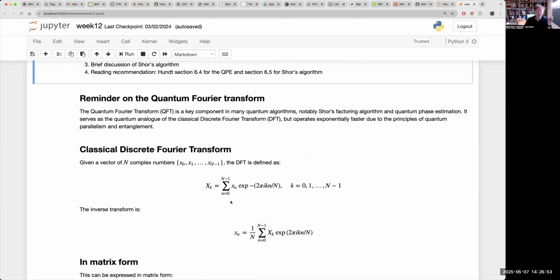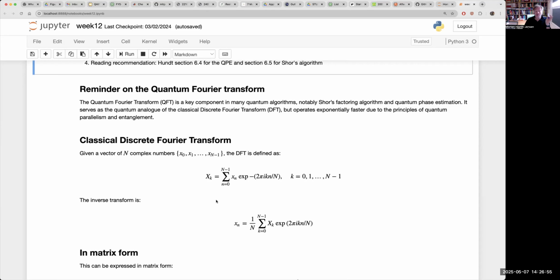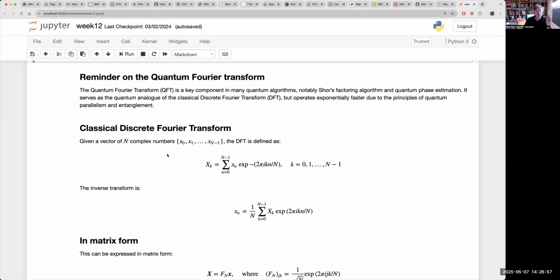So what we have in the classical case, with a discrete one, is n points. These can be complex numbers. And the discrete Fourier transform is typically written in terms of this series. So the inverse transform for this x of n is then given in terms of these elements x of k. And then we have the exponential, which then encodes the linear superposition of the data sets x of k.